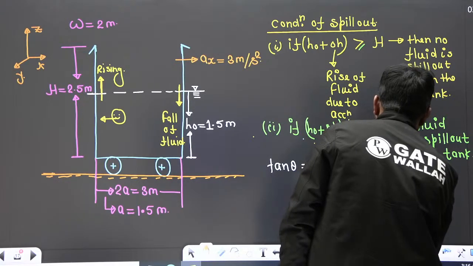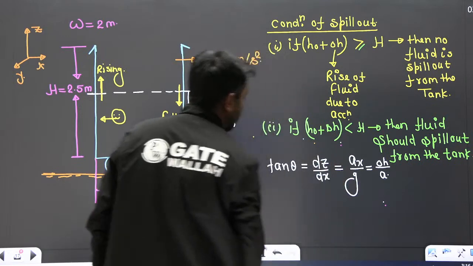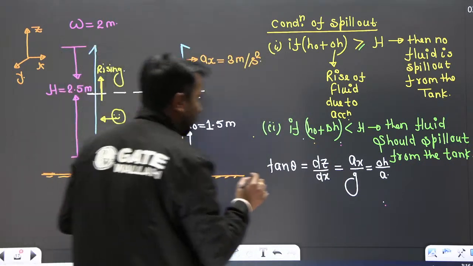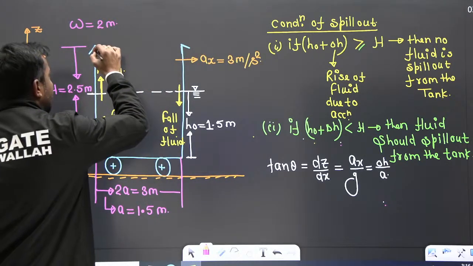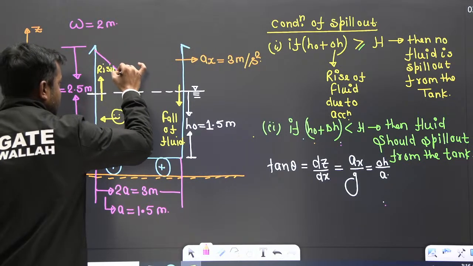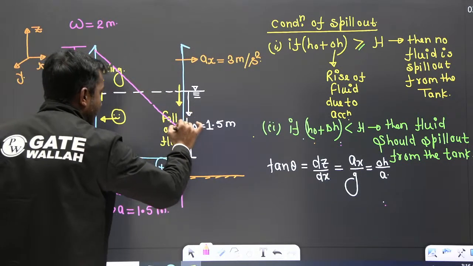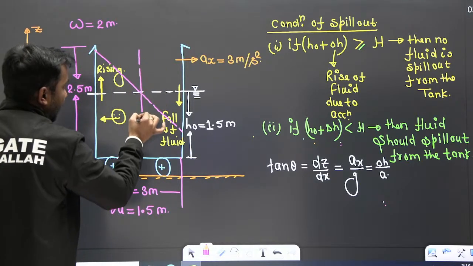So let me first calculate the slope of this. And let me first assume this is the free surface, the final free surface.